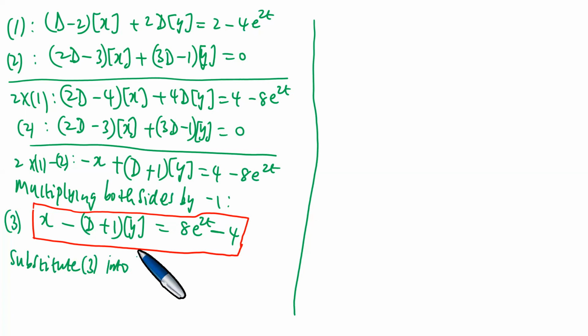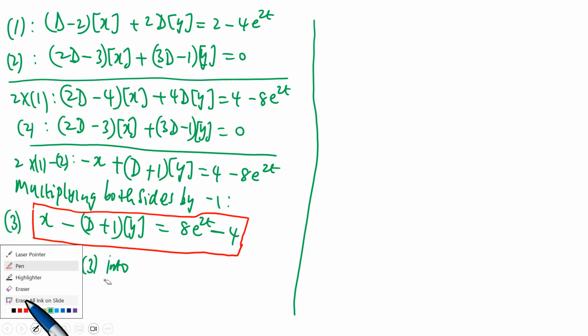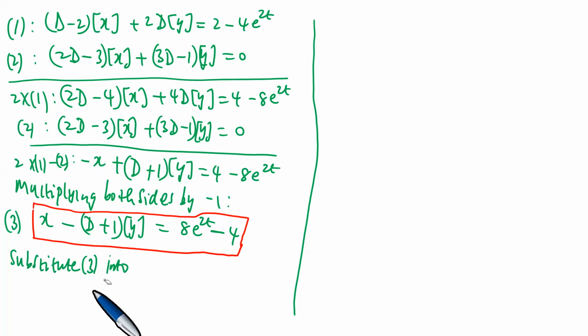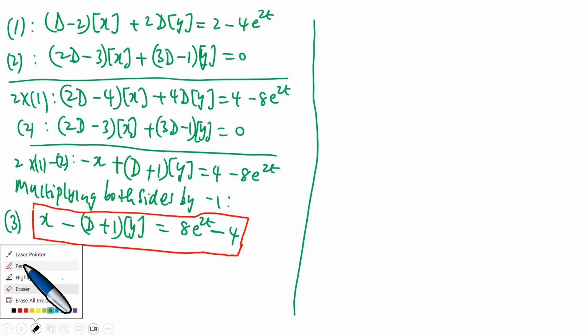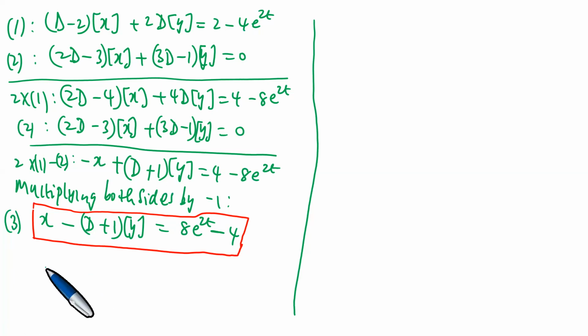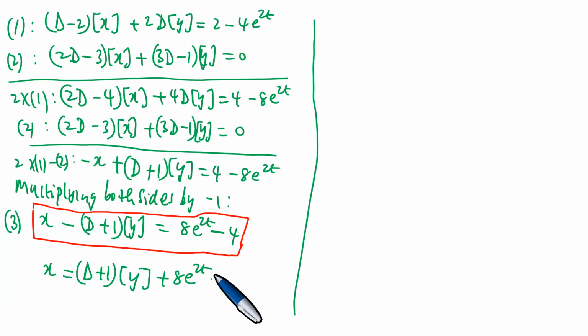into, okay, it's not nice to substitute yet, perhaps. Let me just perform a little bit of algebra on it. Make x a subject straight away. If you make x a subject, you get x equals (d plus 1) operator on y, and then obviously plus 8e to the twice t minus 4.